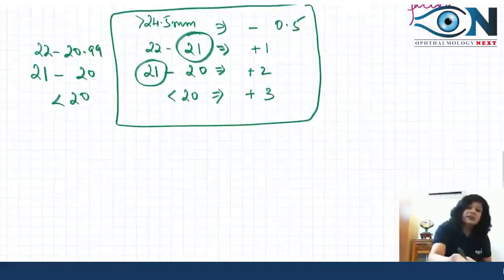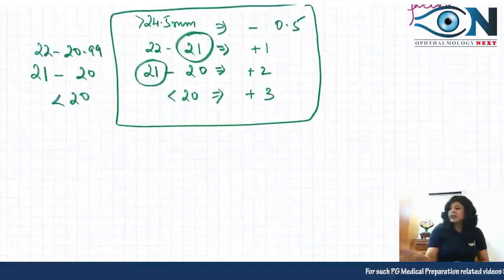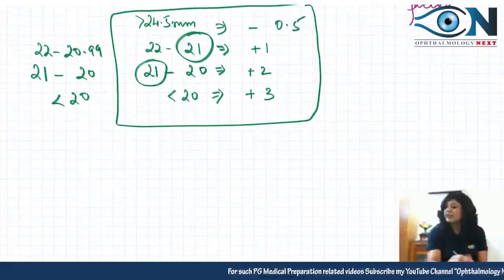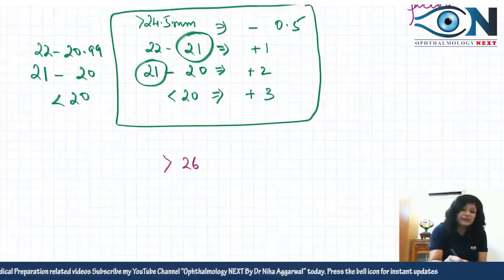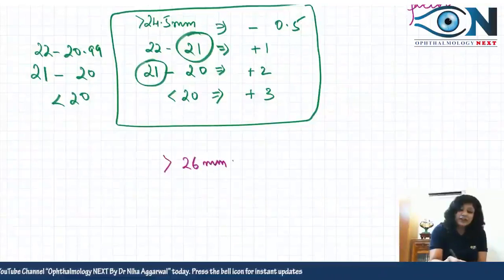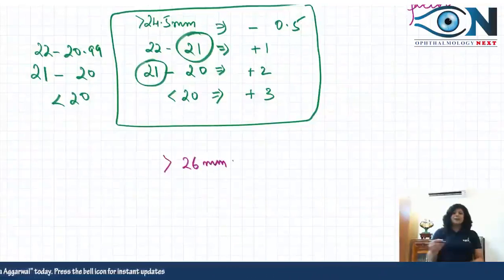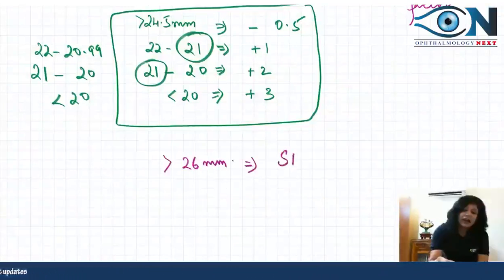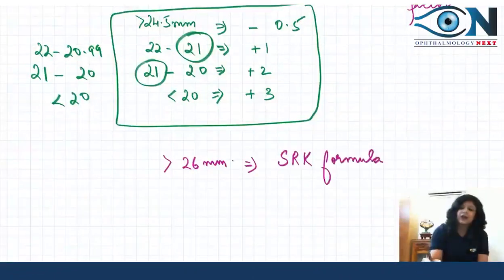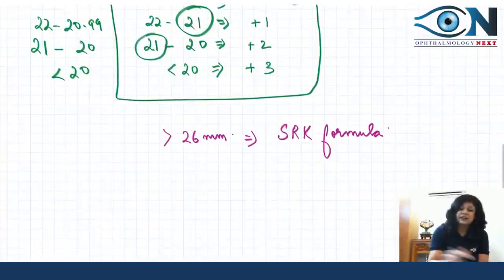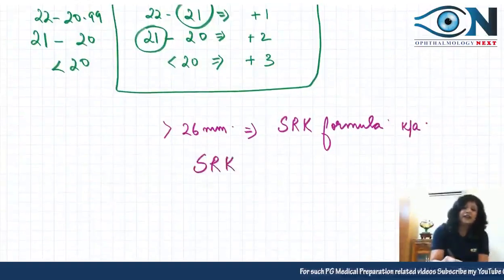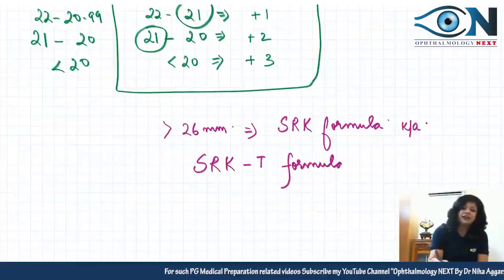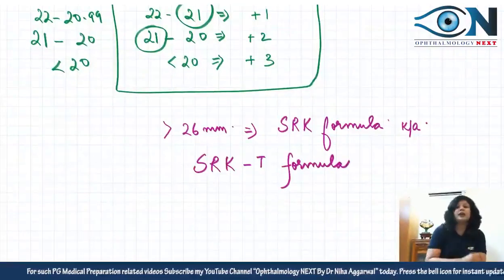Now what if it is more than this? If it is more than 26 mm, then again we are using an SRK formula. This SRK formula is called the SRK/T formula. Now what is this T actually?